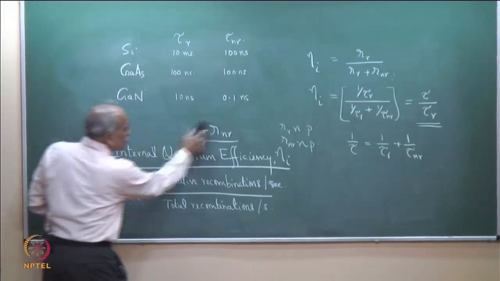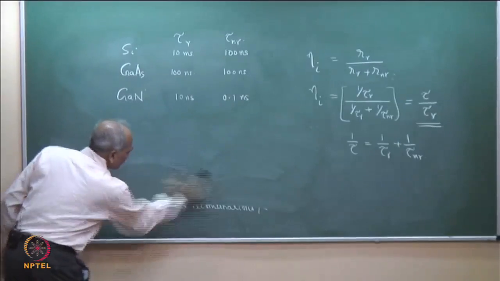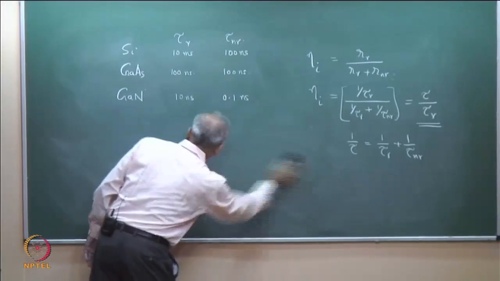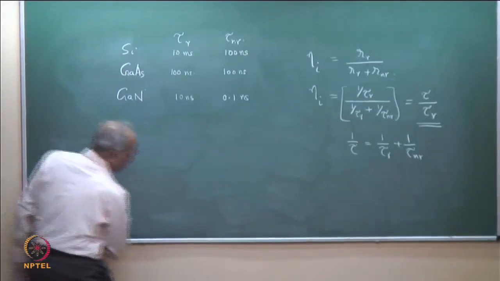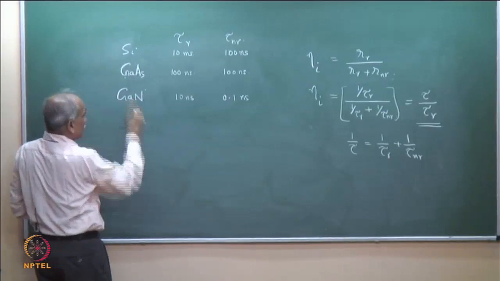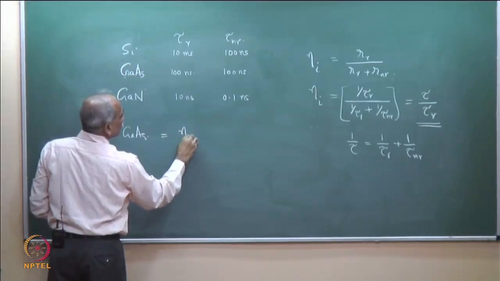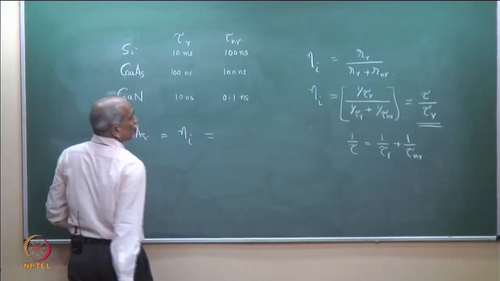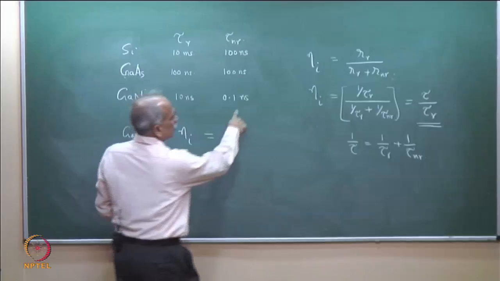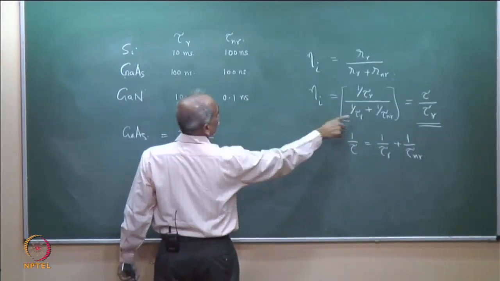So it is interesting therefore to see what eta I is for these materials. Let us take gallium arsenide first. So eta I is equal to 1 over tau R divided by 1 over tau R plus 1 over tau NR.